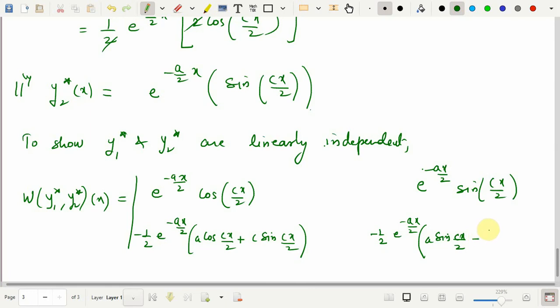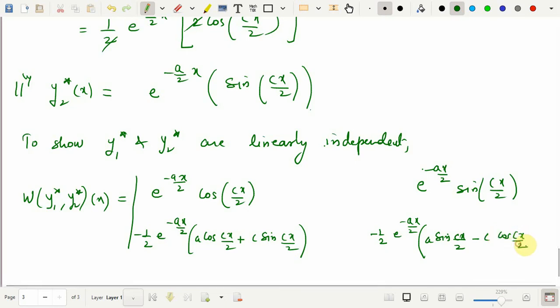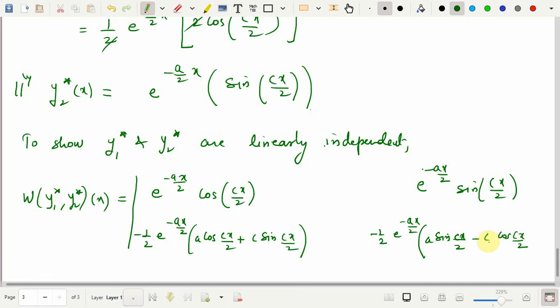In fact, this should have been minus c cos of cx by 2. You can very easily verify this.